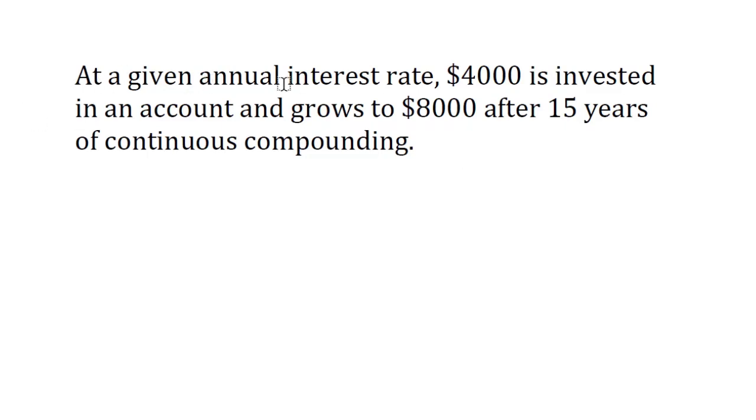So at a given annual interest rate, $4,000 is invested in an account and grows to $8,000 after 15 years of continuous compounding. That's all there is. It looks like 3 lines, but really it's just one sentence. That is all we have.